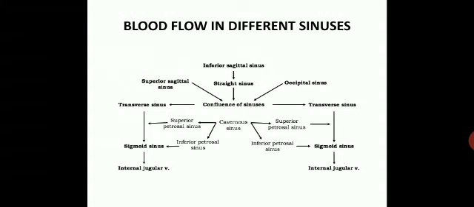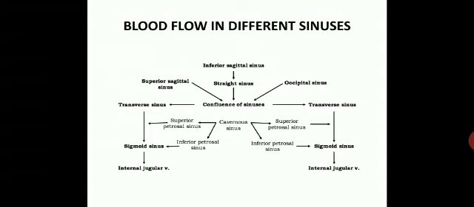So, the blood flow in the different sinuses. In this diagram we can see the blood flow from the various sinuses, and finally they will be draining into the internal jugular vein. From the inferior sagittal sinus, it enters the straight sinus and reaches the confluence of sinuses, and from the superior sagittal sinus and occipital sinus, they also reach the confluence of sinuses.